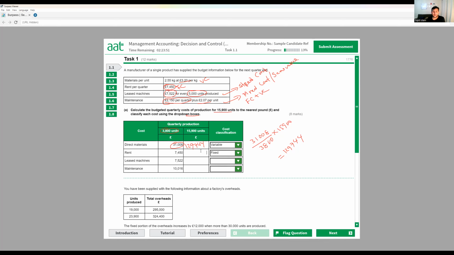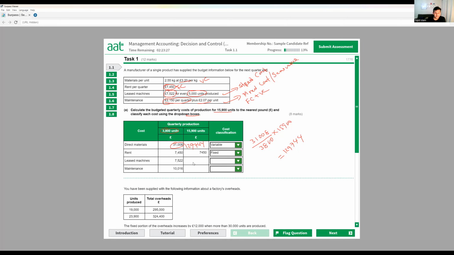But if I make 20,000 units and my fixed cost is still 10,000, per unit fixed cost will be only 50 pence. So if I make more units, fixed cost per unit will be reduced, but the total is always the same. So fixed cost in total never changes.